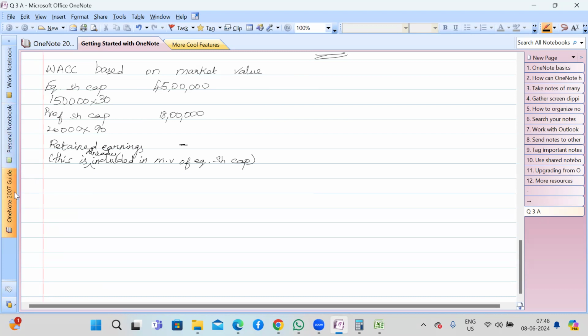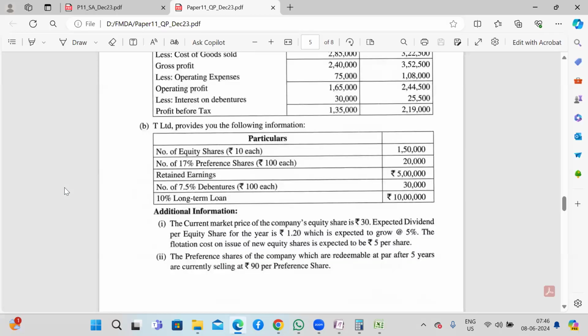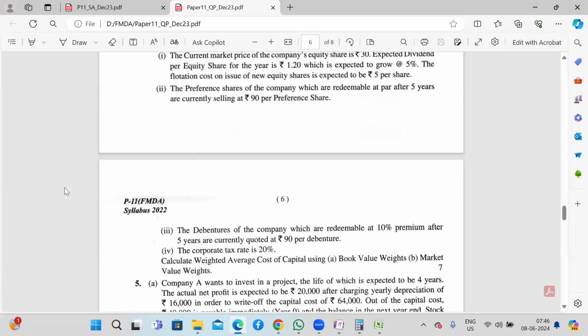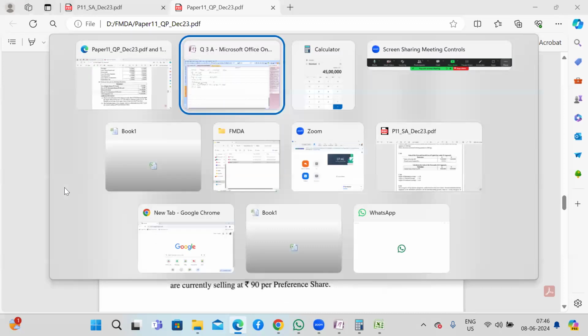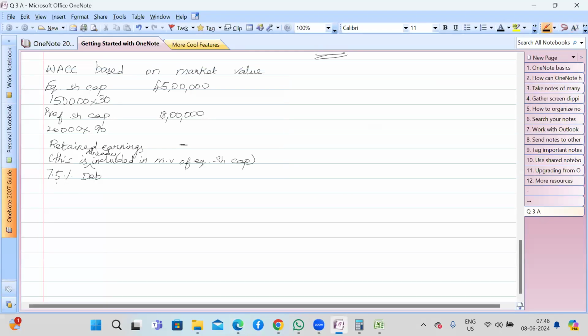Then 7.5% debentures, market value is again 90, so 30,000 into 90, 27 lakhs.